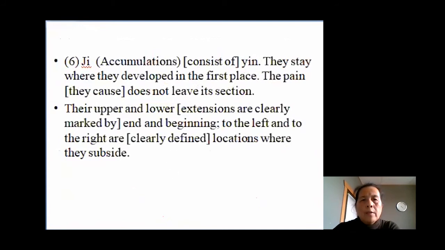Then still talking about Ji and Ju here. Ji belongs to yin. By the nature of yin, it stays where it develops, in a fixed location. It is painful, but fixed there.